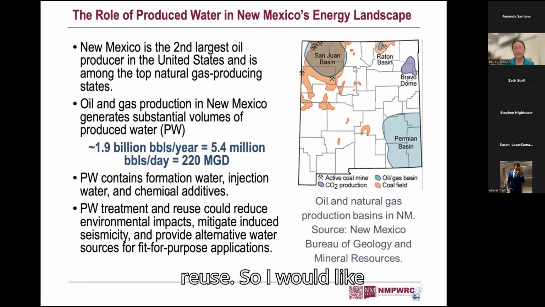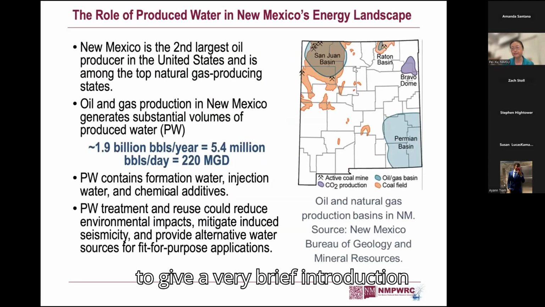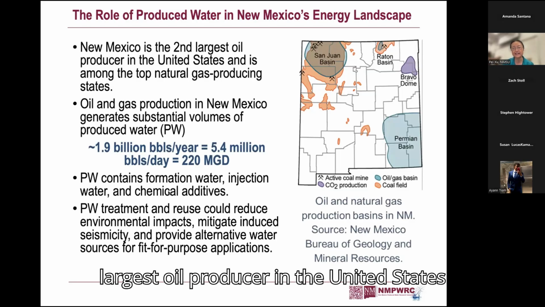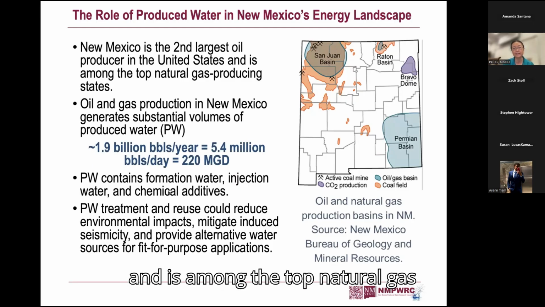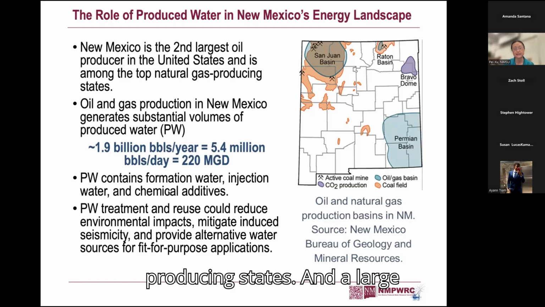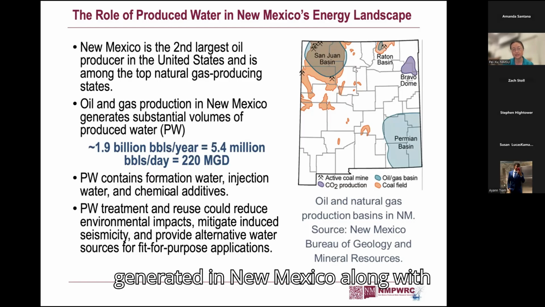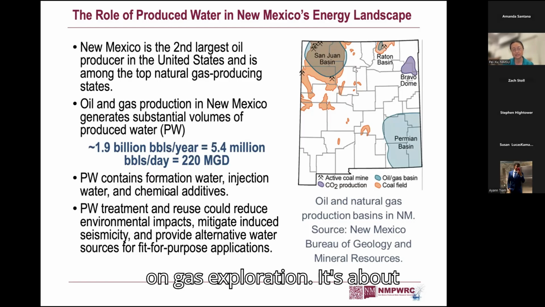So I would like to give a very brief introduction about New Mexico's energy landscape. New Mexico is the second largest oil producer in the United States and is among the top natural gas producing states. And a large amount of produced water is generated in New Mexico, along with oil and gas exploration.